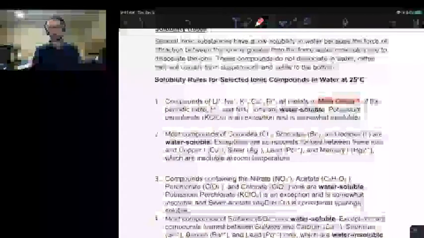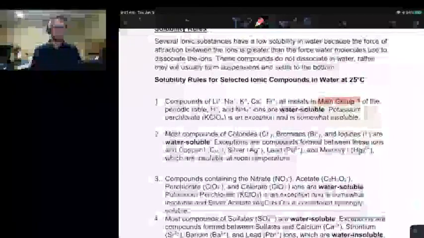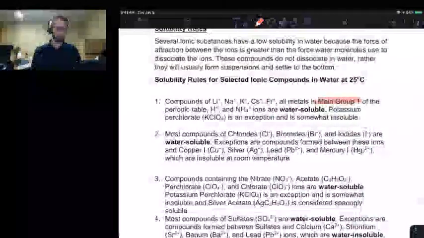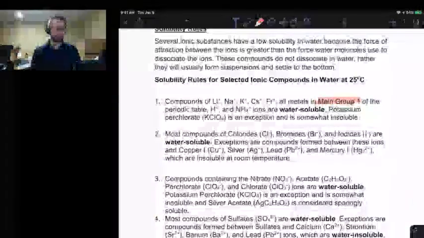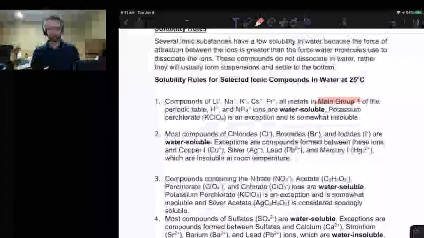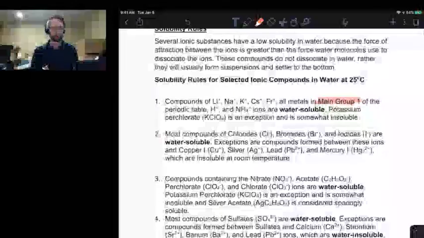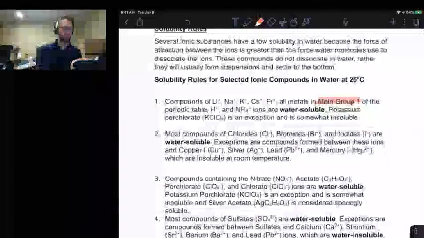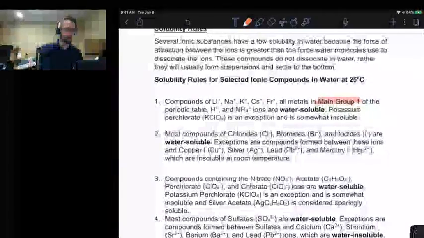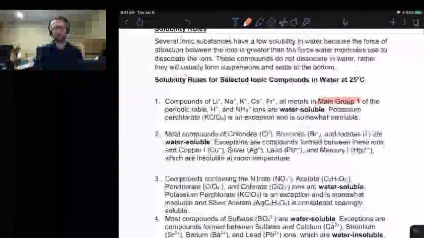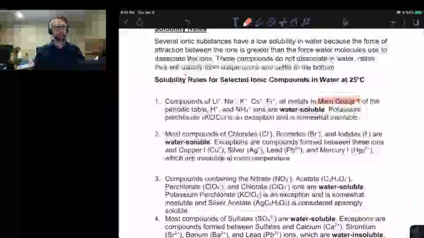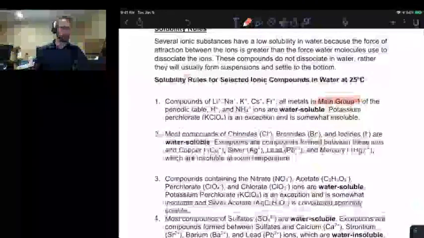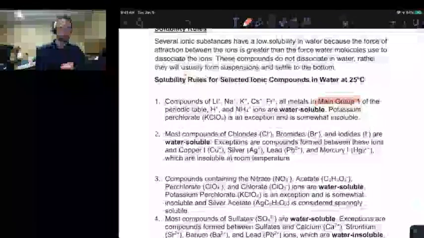They're always going to prefer being in solution. There is one example, potassium perchlorate, which is an exception by being somewhat insoluble. This is one of the problems with these rules: there should be a strong pair of quotation marks on them. And we're going to learn a much better approach than depending on these rules soon enough.